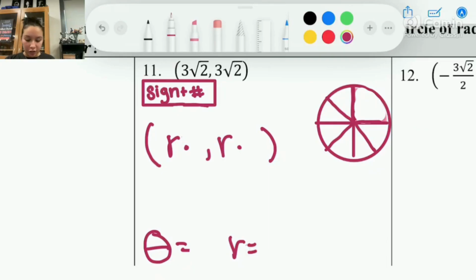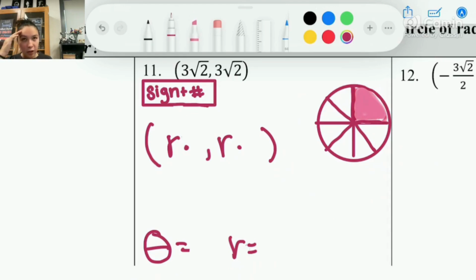So looking at number 11, you want to think about what sign it's showing you. Is it positive in both the x and y value, negative in both the x and y value, or positive in one and negative in the other? If you're looking at 3 square root of 2 and 3 square root of 2, you know that this is going to take place in the first quadrant.